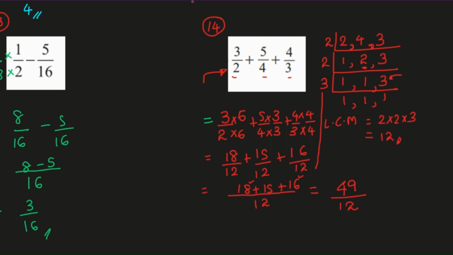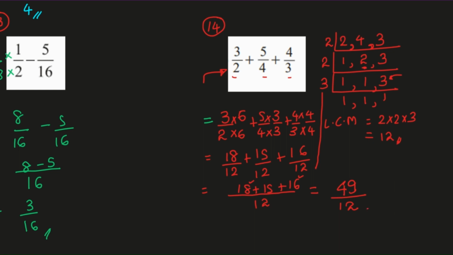Shall we calculate it again? 8 plus 5, it's 13. 13 plus 6, it's 19. And 1 plus 1 plus 1, it's 3. The 1 carried from 19, it's 4, right? So 49 upon 12.